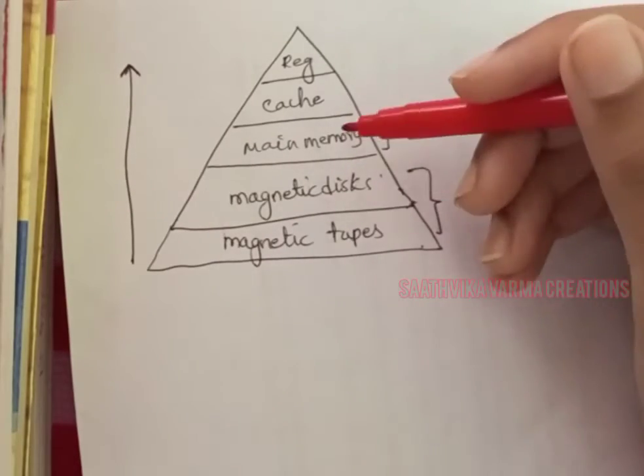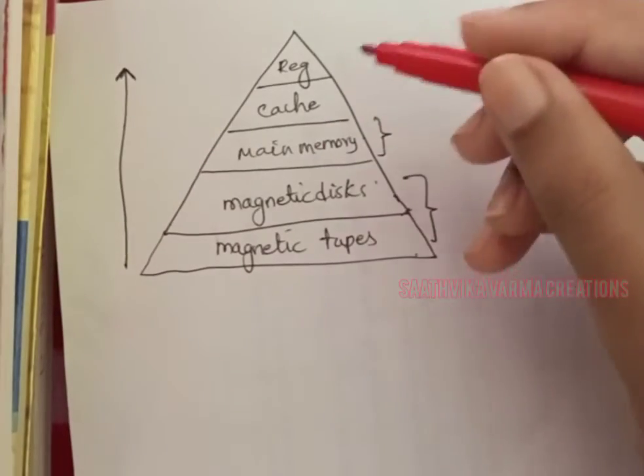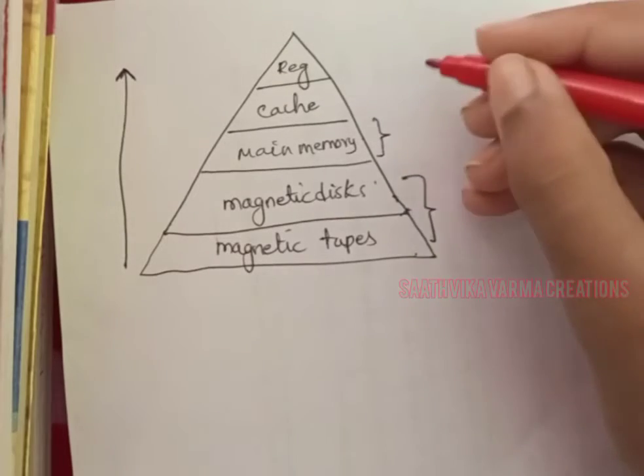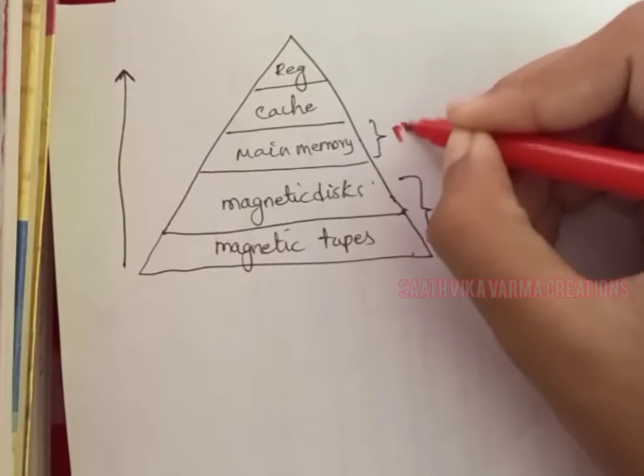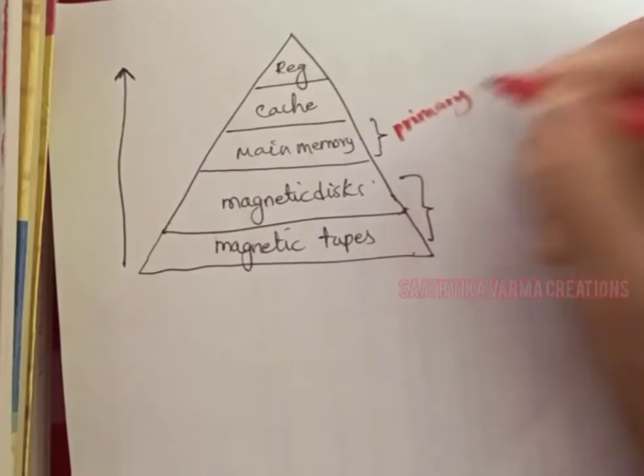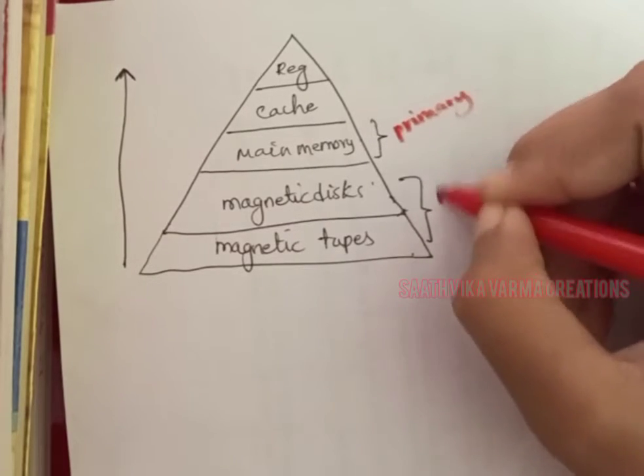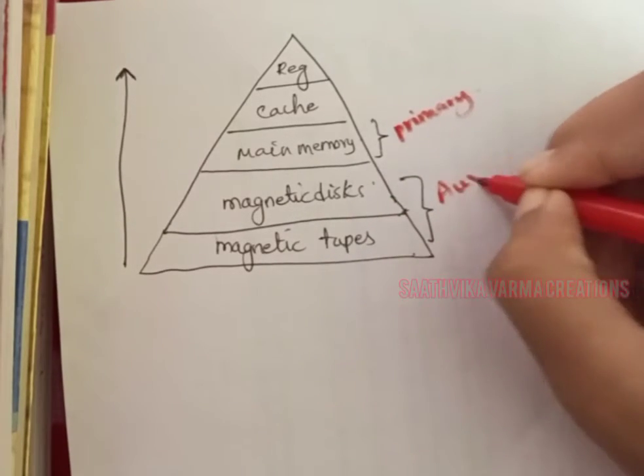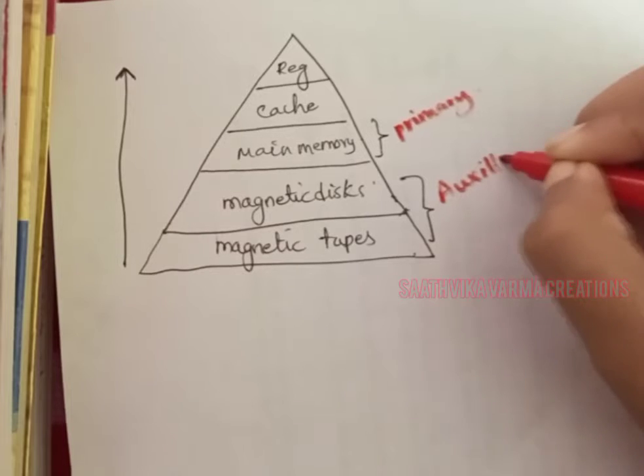So these are the different hierarchies of the memory. Main memory is called primary memory, and magnetic disk and magnetic tapes come under auxiliary memory.